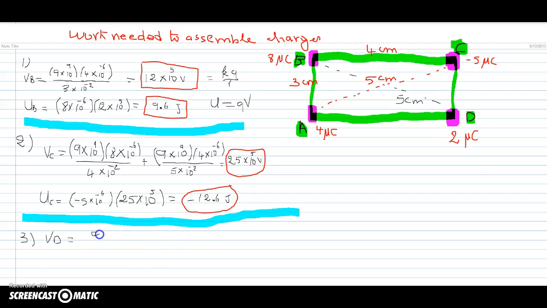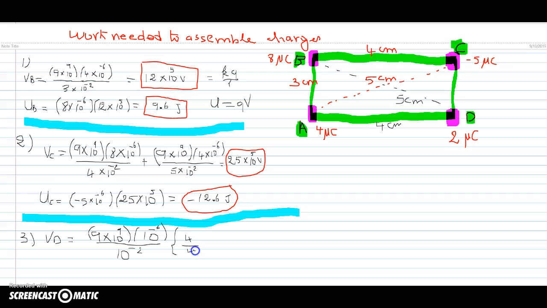So I have the constant 10 to the 9 power. I'm going to factor out this constant. I have micro everywhere, so I'm going to factor out micro. And I have centimeters for the distance. I'm going to factor out centimeter, which is 10 to the negative 2. Okay, now I'm left with the charges, let's say start from 4, divided by the distance here, which is 4 centimeters.